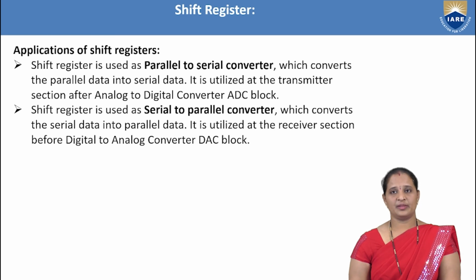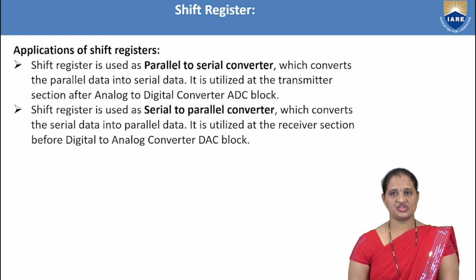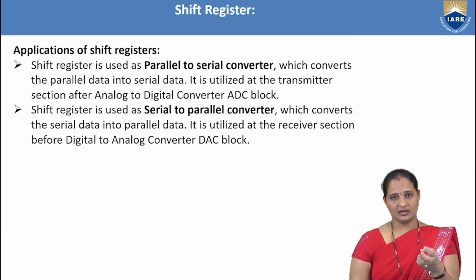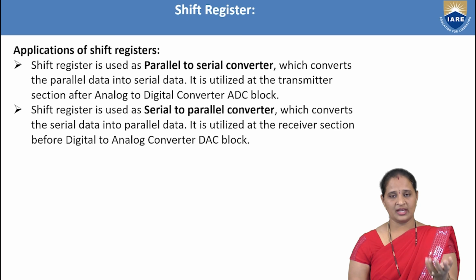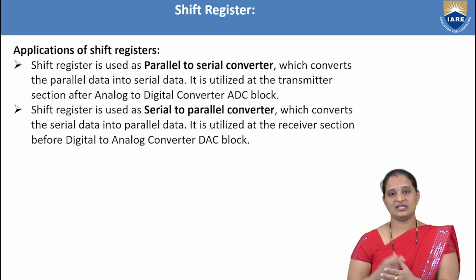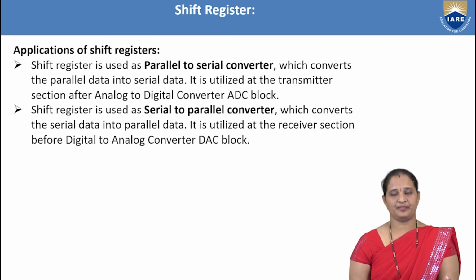And similarly, serial in parallel out. What is the serial in parallel out mode of operation of a shift register? We have a data input where we can load the data into the register serially, bit by bit, whereas the data can be read from the register in parallel, all the bits at a time.